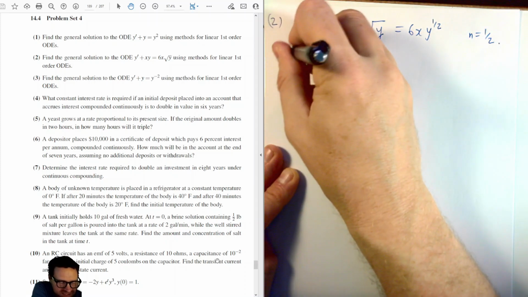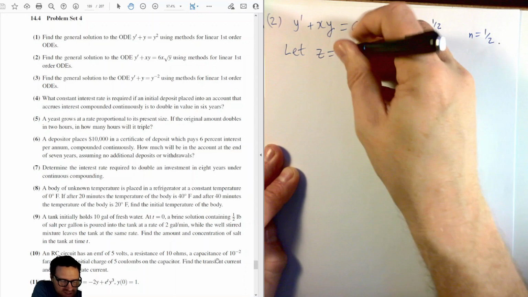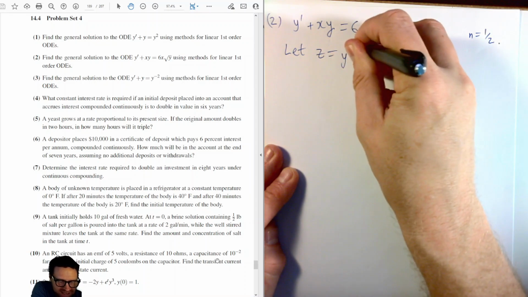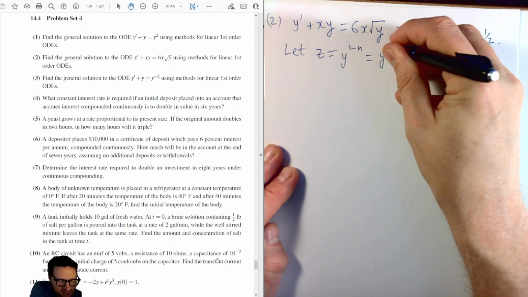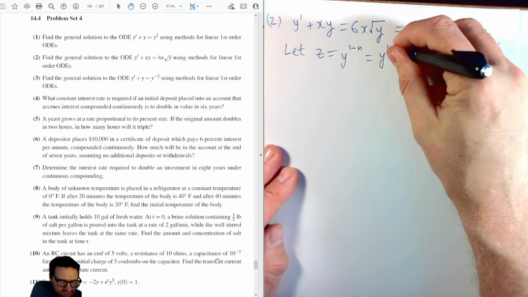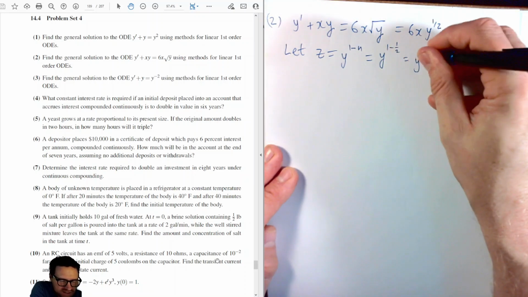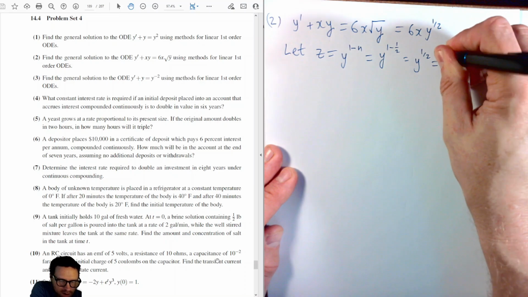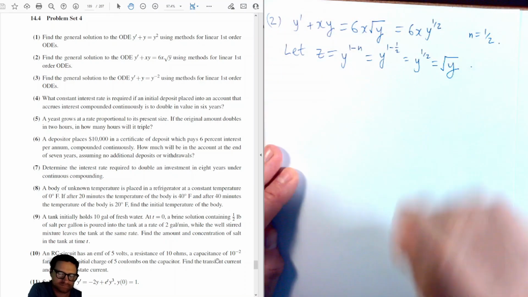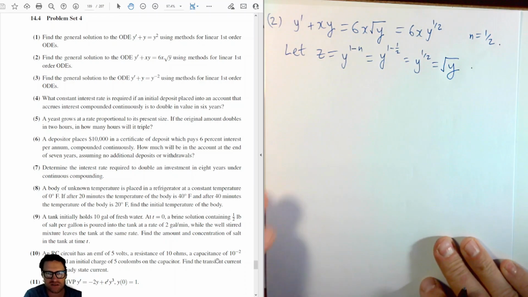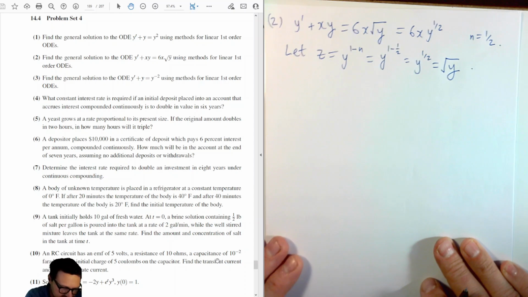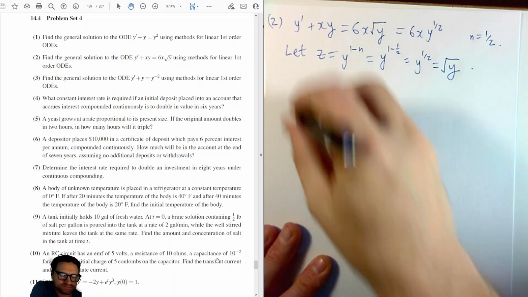Okay, so our first step is let z be equal to y to the power of 1 minus n, which is y to the power of 1 minus 1/2, which is y to the power of 1/2, or the square root of y. Okay, and so now we need to differentiate this with respect to x.